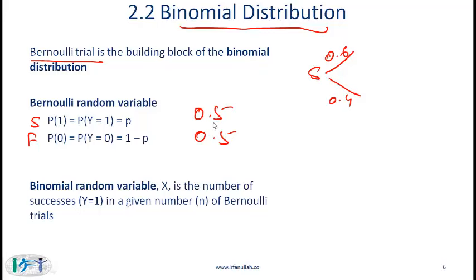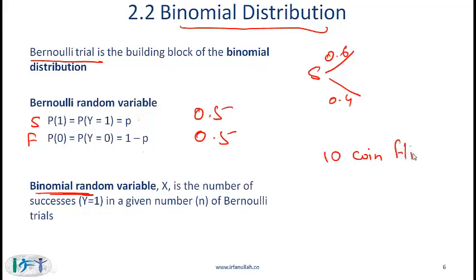Now, we've talked so far about the Bernoulli, which is a very simple scenario of two possible outcomes: success having a given probability and failure having 1 minus that probability. Let us now understand the binomial random variable. A simple way of looking at a binomial random variable is that it is a combination of Bernoullis. Let's say that we do 10 coin flips.